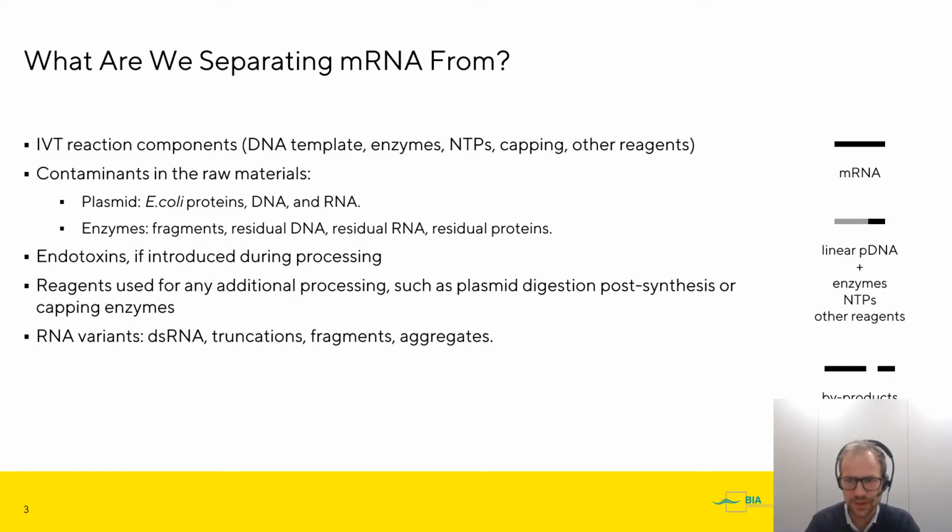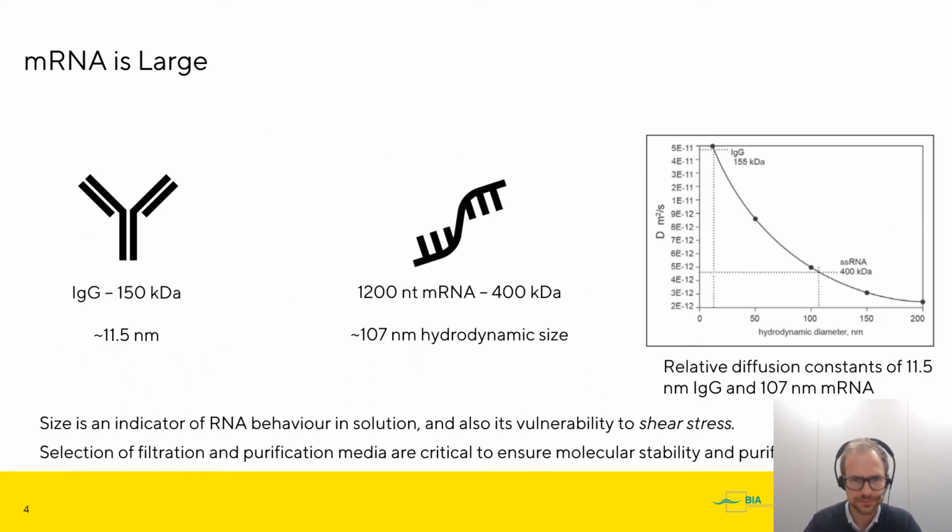potential impurities. So we need a robust and selective purification approach, as well as good analytics to understand the process and be able to achieve target purity of the final mRNA drug substance. One thing that we have to bear in mind is that mRNA is in fact very large.